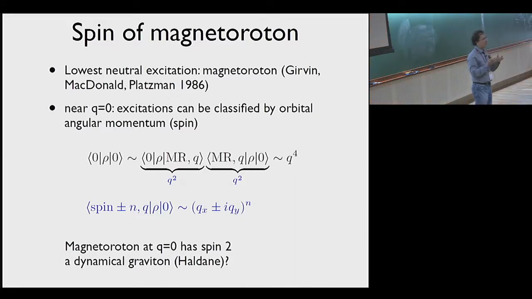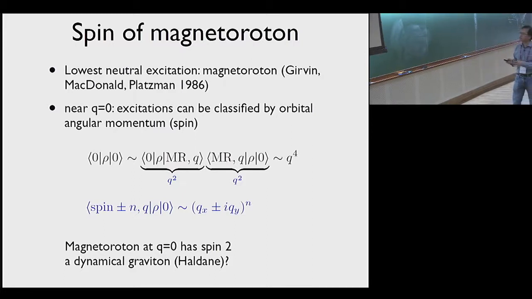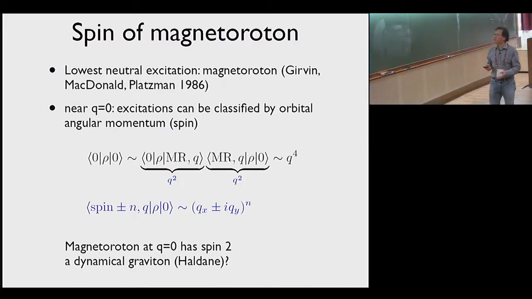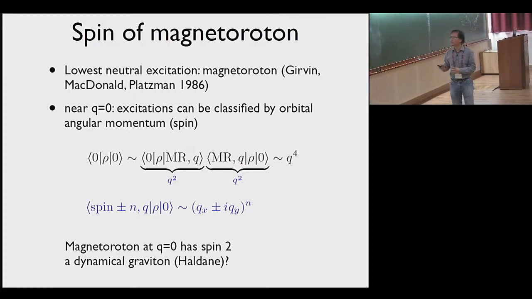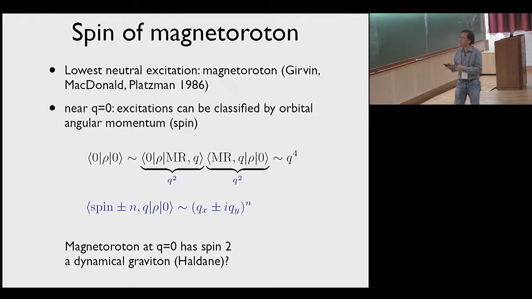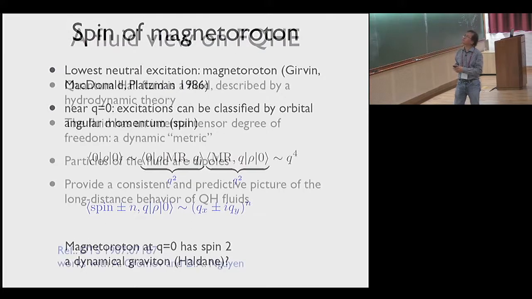So we see here a non-trivial appearance of a quasi-particle that looks like a graviton. As we will see, it's not a full-fledged graviton like in GR, but in some sense, some physics of GR will be important.